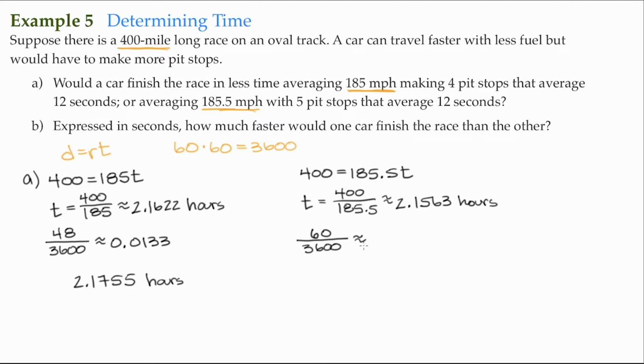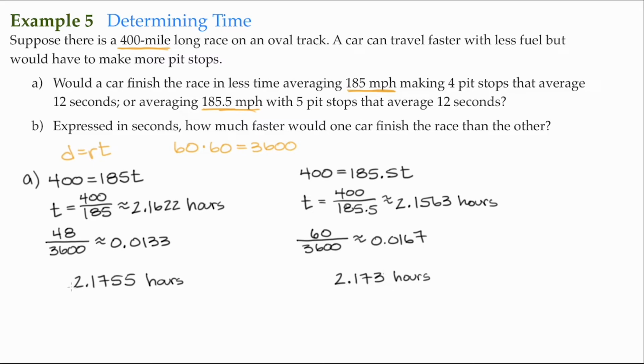And that comes out to be another 0.0167 hour. We take this portion of an hour, tag it onto this amount of the hour, add the two together, and this comes out to be 2.173 hours.